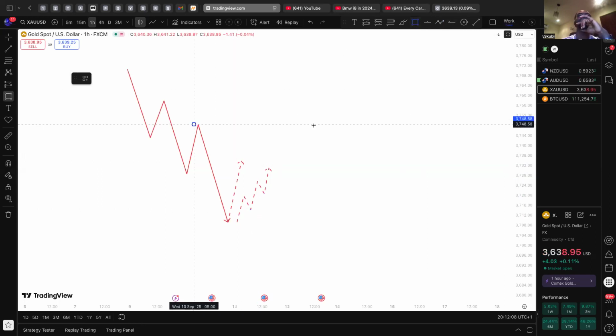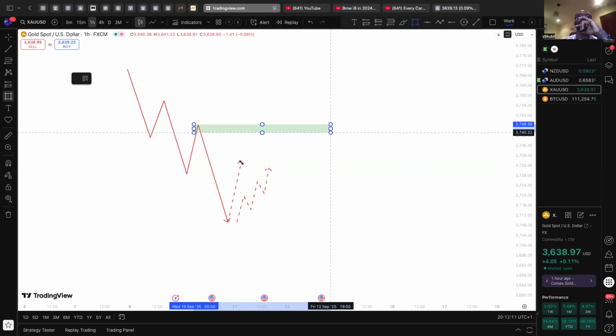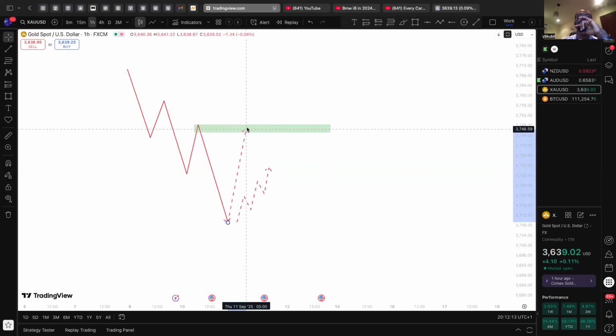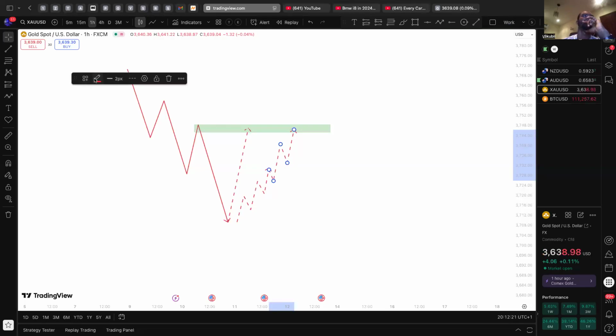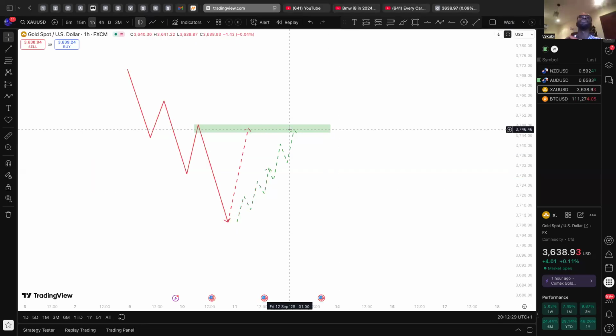That's where I want to sell from. We're looking at price coming to tap this resistance to sell. On the 5 minutes, that retracement to the upside is going to look something like this. Change the color to green.